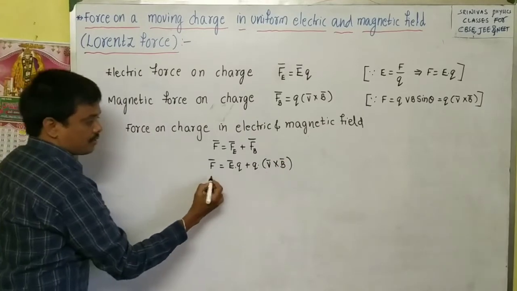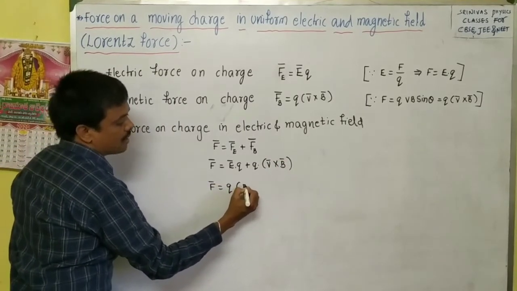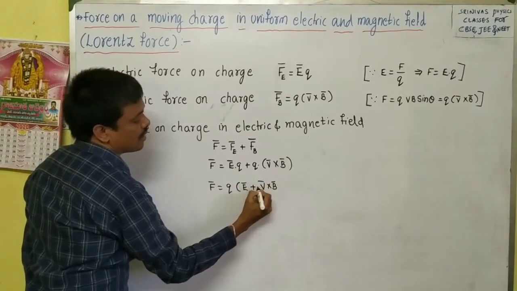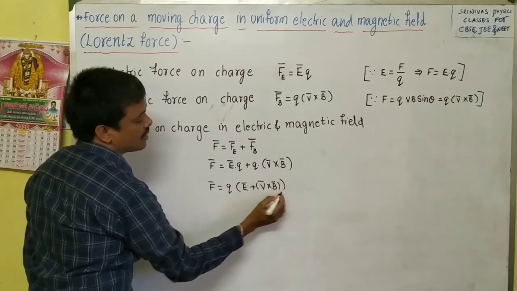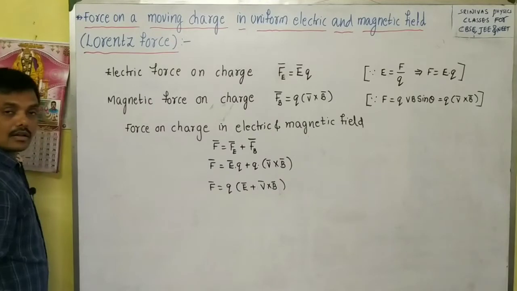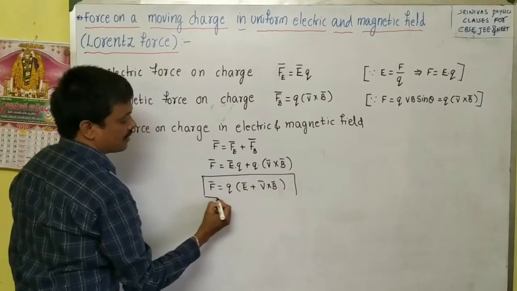Here Q is common, so we get Q times (E bar plus V bar cross B bar). This is the net force on the charge in electric and magnetic fields.